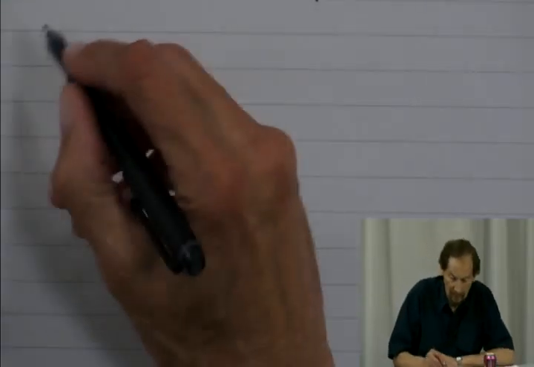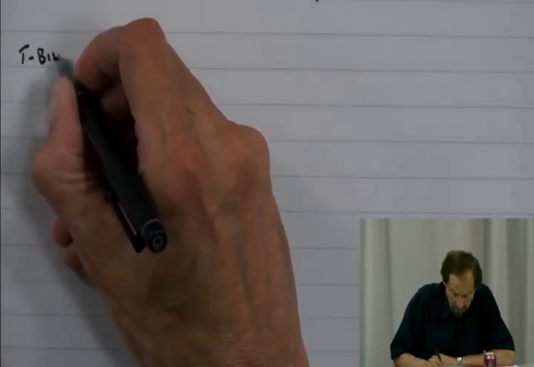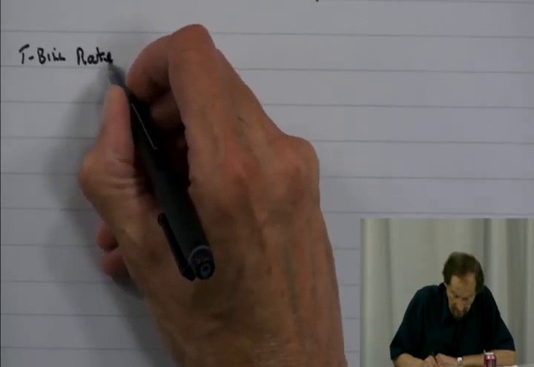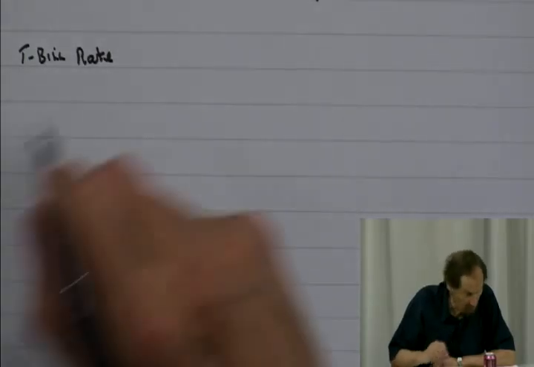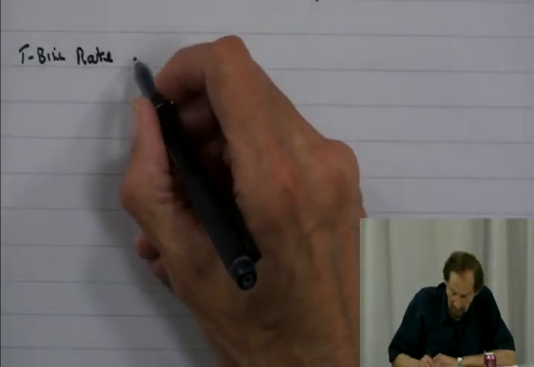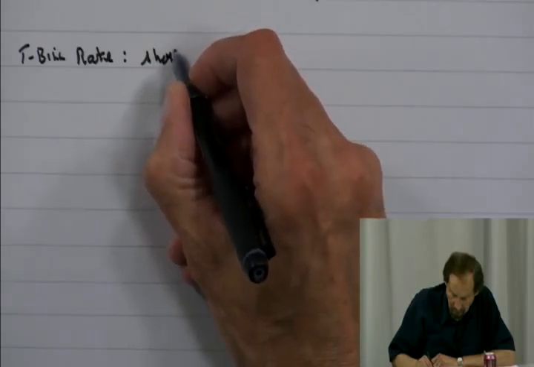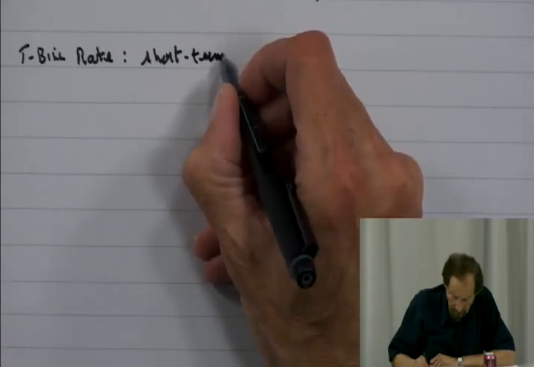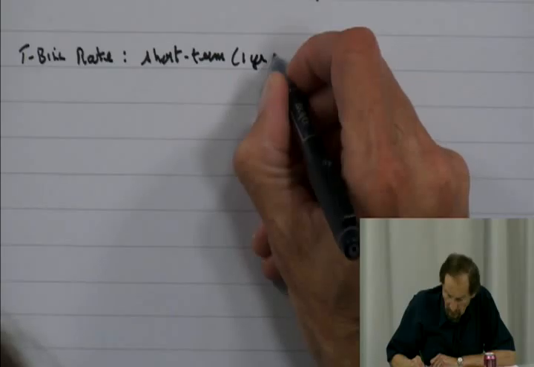Now, there's the Treasury bill rate. Now, a T-bill is a short-term bond, which is 1 year or less.